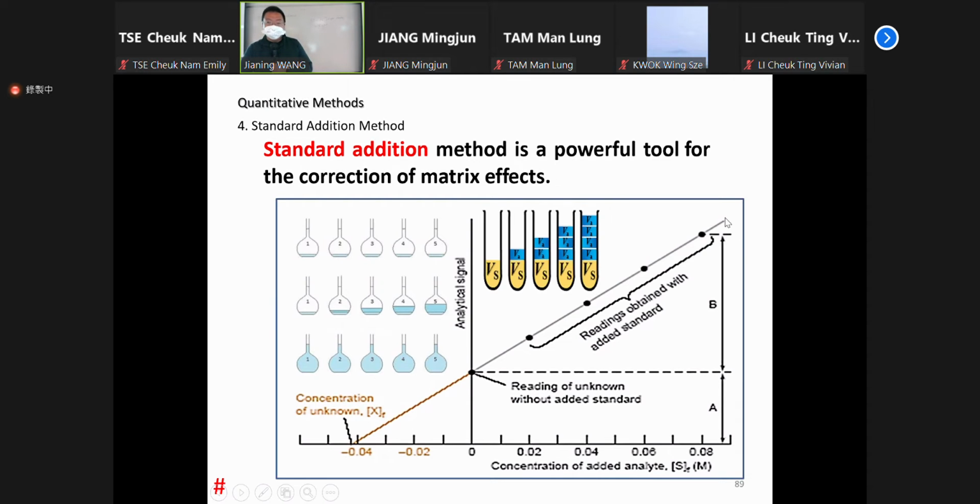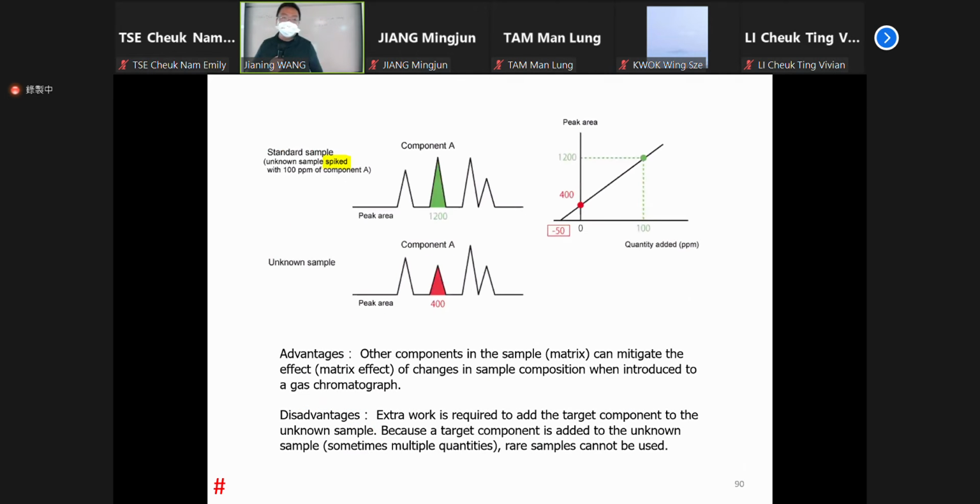When we get the linear fitting equation, we can calculate when y equals 0, we get the x point here, and the absolute value of x is the concentration of your targeted sample. So you can use this way. You just need to know there are several different quantitative analysis methods.